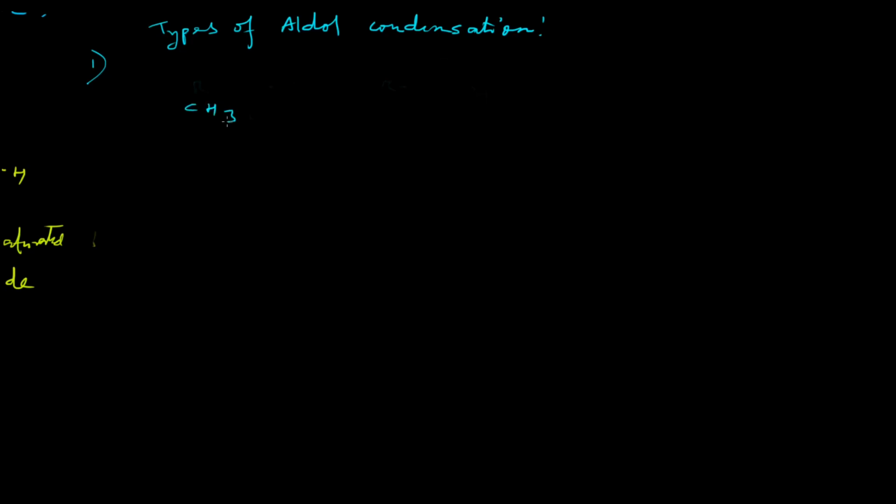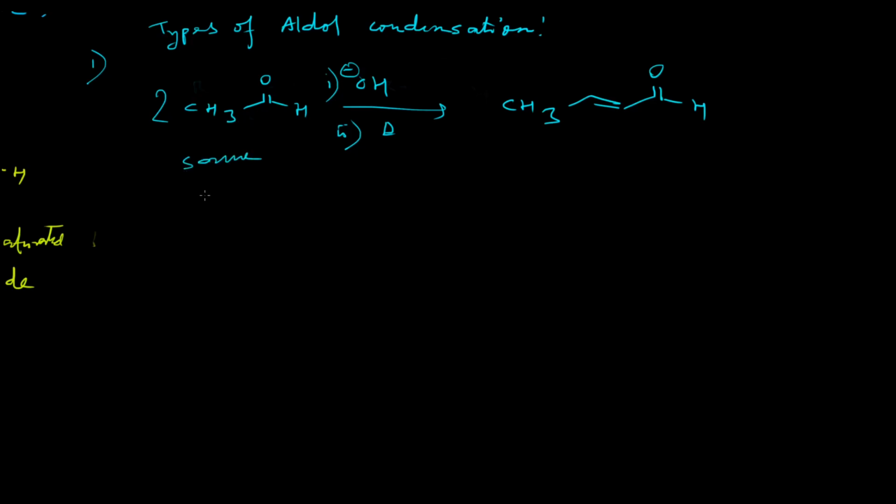Suppose we have acetaldehyde, and if we treat it with OH minus at the first step, and then in the second step if we give a little bit of heat, then we will eventually get this compound, right? So in this case, two molecules of acetaldehydes are actually reacting with each other. So this is a particular type of aldol condensation reaction where the aldehyde molecules are same.